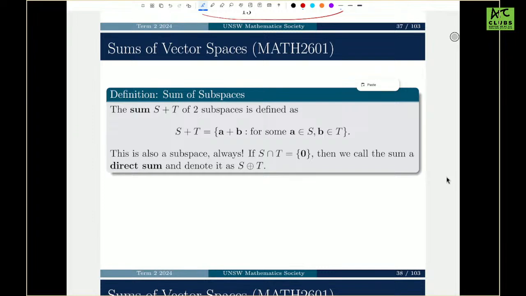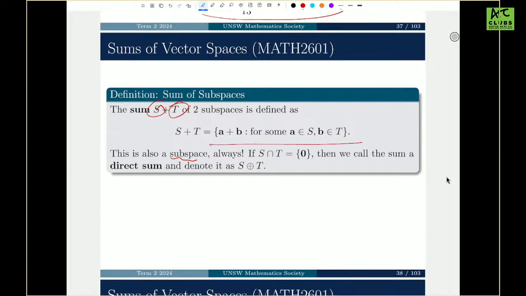Okay, the sum of 2 subspaces is defined like so. Hang on, I'll talk about the definition. It's the subspace formed by taking any element in S, any element in T, and summing them together.